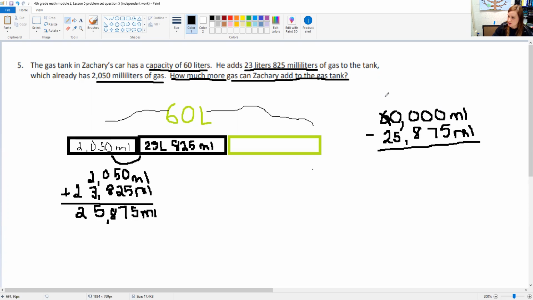And when I do that, it makes this a 5, which makes this a 10. Okay, but I still can't do this. So I'm going to borrow again, make this 10 turn into a 9. Going to make this a 10 now. Still not helping me yet. So I got to borrow from that 10, make this one a 9, which makes this one a 10.